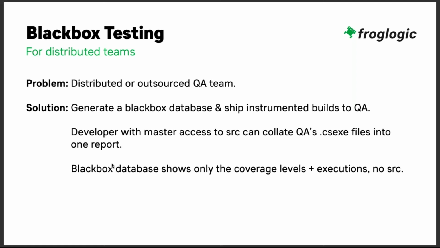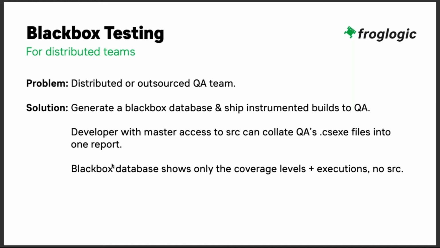What a developer with master access to the source code can do is ship an instrumented build to QA for their testing and give them a black box database. QA will do all their test executions as normal. And in the black box database, they can include things like execution comments.